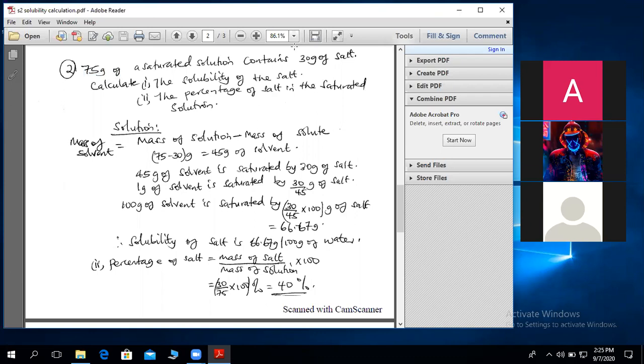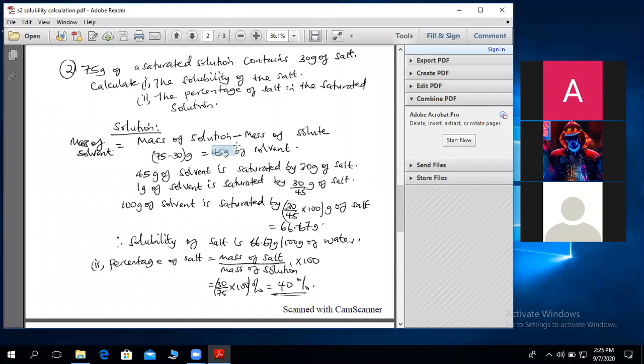In the same way we have done the first one, you are going to first get the mass of the solvent. You first get the mass of the solution and you subtract the mass of the solute. The mass of solution is 75 of a saturated solution, and you subtract 30, the mass of the solute, and you get 45.